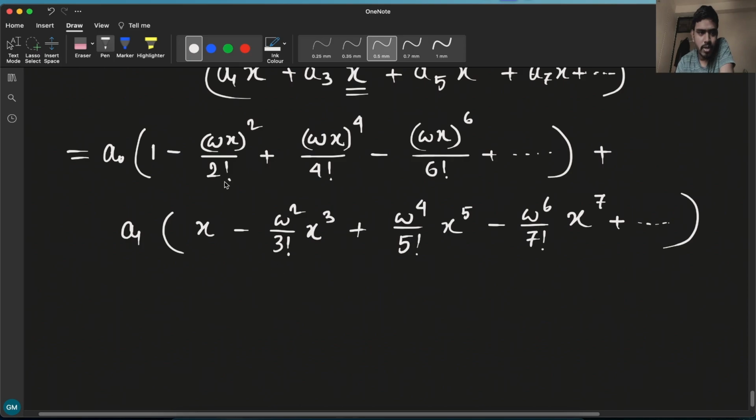Now one thing I will do is, you can see in this series of even terms I have put omega x. Here I also want to do that, so I will divide by omega and multiply with omega here. So it will be omega cube, omega to the power 5, omega to the power 7, like that. So in that case this is omega x and this is (omega x) whole cube.